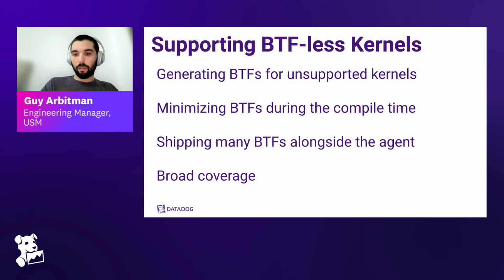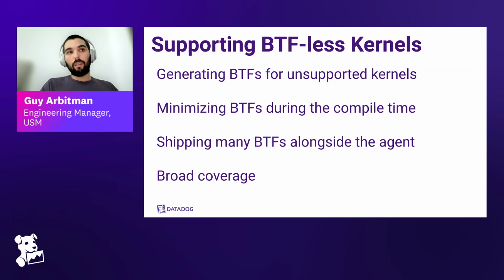And this is why I mentioned before, we have a fallback mechanism, because we still have agents, kernels without BTF, or we have old agent versions that were running and weren't shipped with all the BTFs that we have.